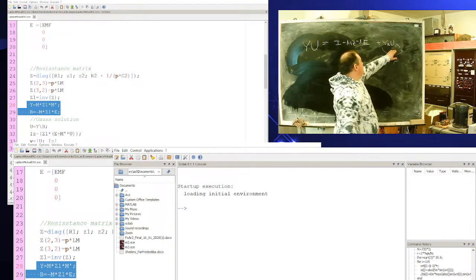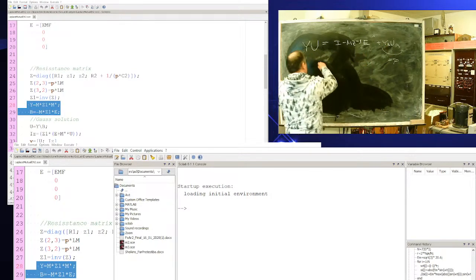We will need this vector, a base node admittance vector for any case.